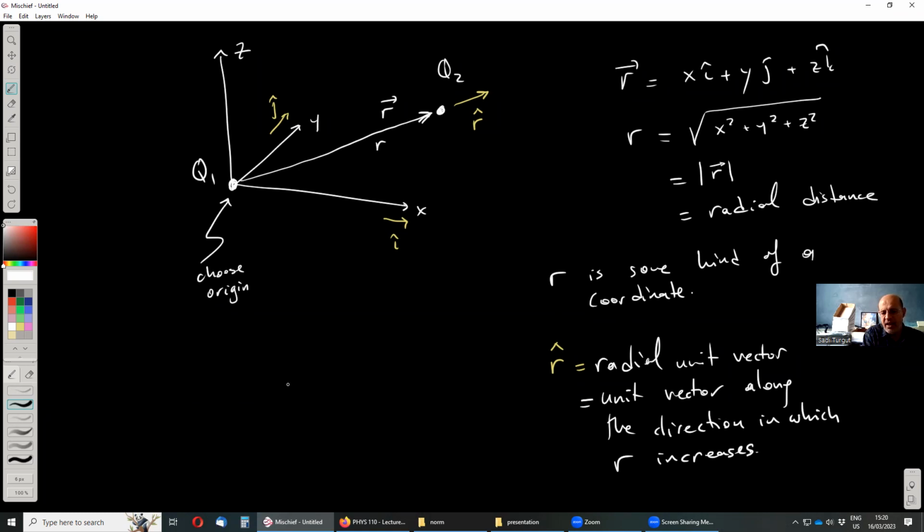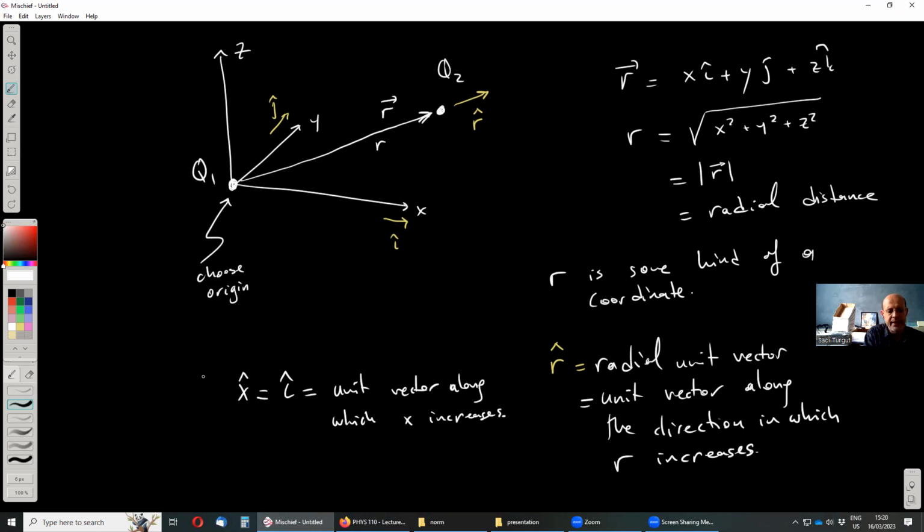This is just like the i unit vector, for example. That's the unit vector along which x increases. The x coordinate increases along this direction, and therefore the i unit vector is along that direction, or some people call it x hat.